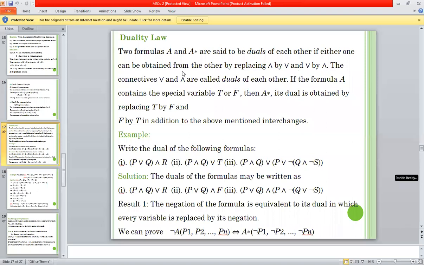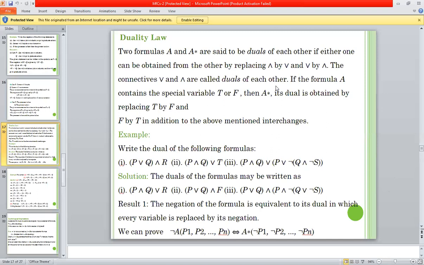If the given statement has the symbol "and", we replace it with "or", and if the given statement has the disjunction operator, we replace it by the conjunction operator. That is called duality law. So the connectives "and" and "or" are called duals of each other.